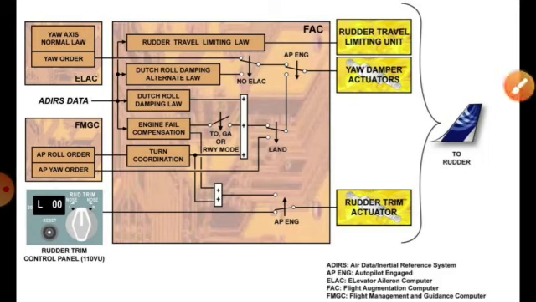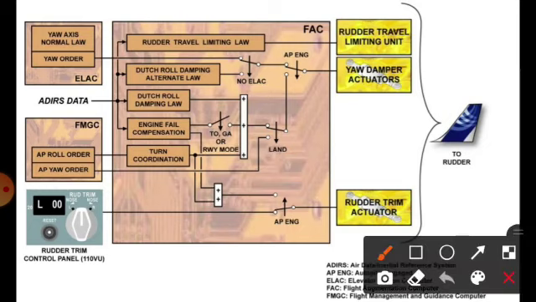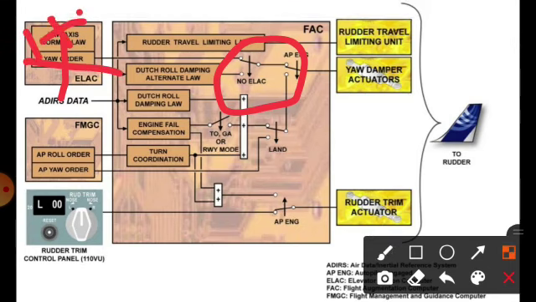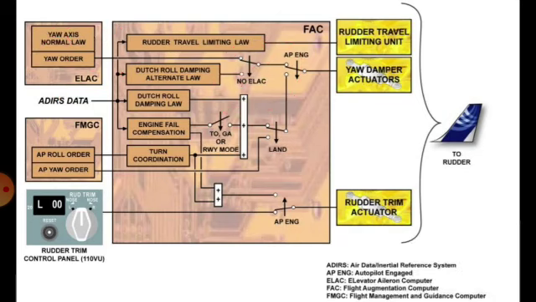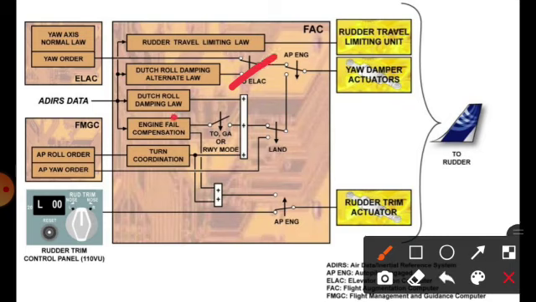And one more thing remaining, I think. Yes, when both ELACs are unserviceable, not a single ELAC, both ELACs are unserviceable, 1 plus 2, serviceable, unserviceable, this will come down like this. Both ELACs are unserviceable, this is here, and only pitch roll damping alternate law is available.